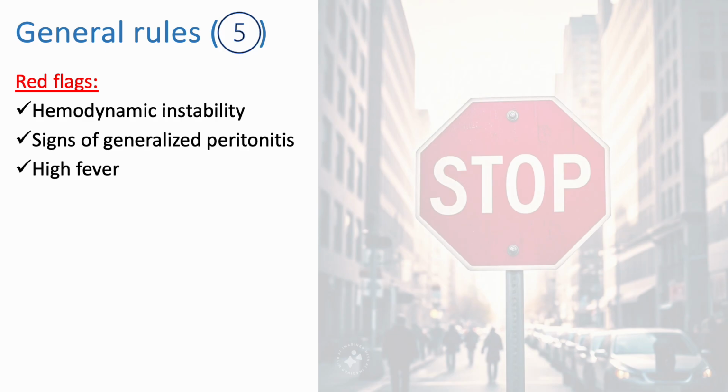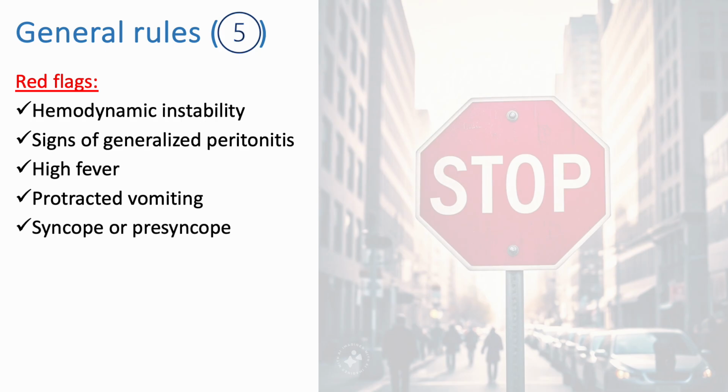So when you have a patient with an acute abdomen and high fever, that's concerning. Protracted vomiting, also concerning. It also has major sequelae in terms of dehydration, acute kidney injury, malnutrition and all that. Syncope or pre-syncope might indicate serious underlying problems, especially vascular problems.